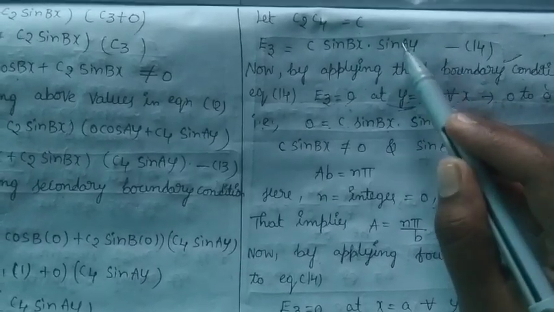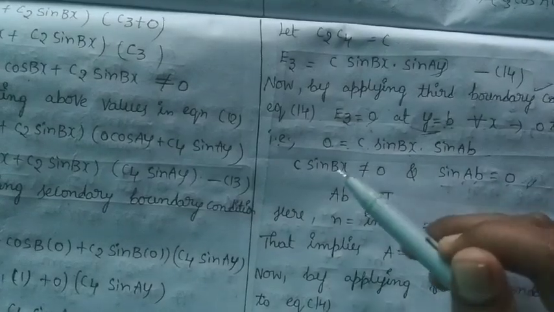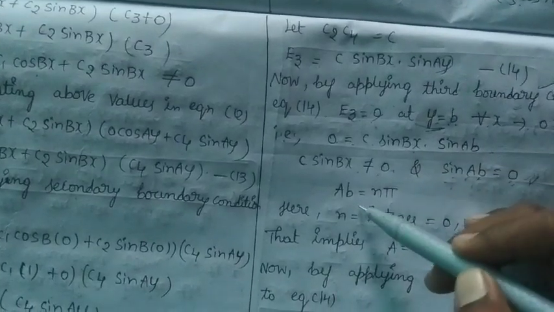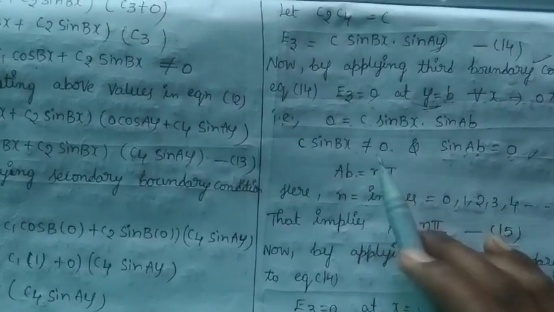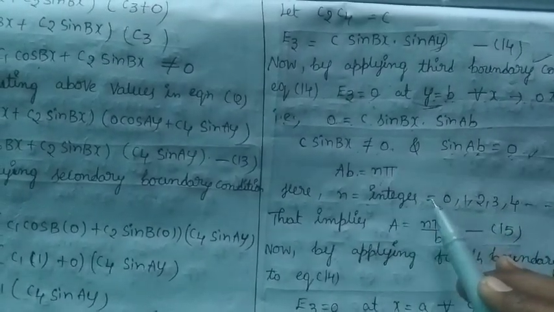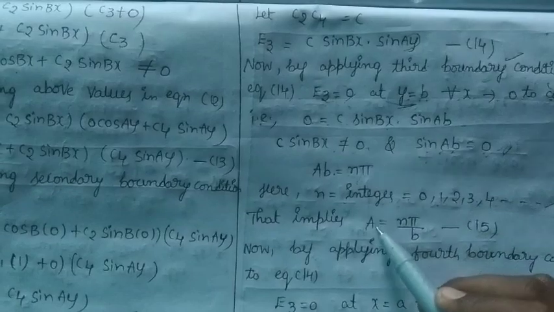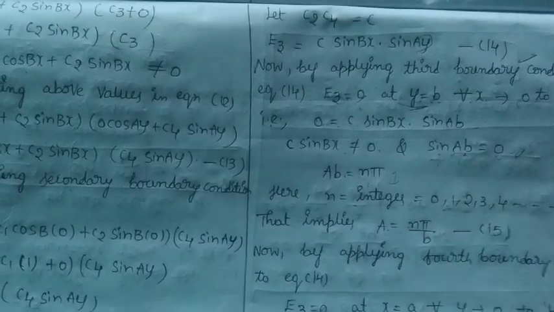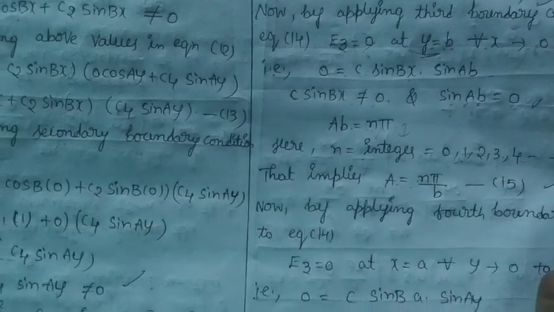In the place of y we write b. Here C sin bx is not equal to 0, so sin ab is equal to 0. Consider that ab is equal to n pi, where n is an integer: 0, 1, 2, 3, 4 and so on. That implies a is equal to n pi by b. Consider this one as the 15th equation.